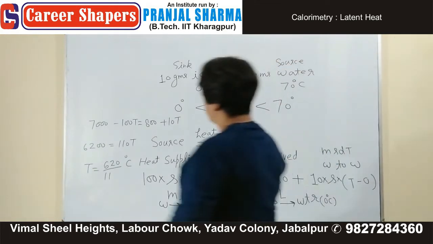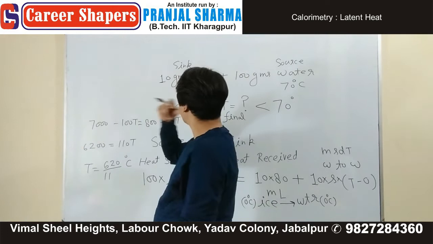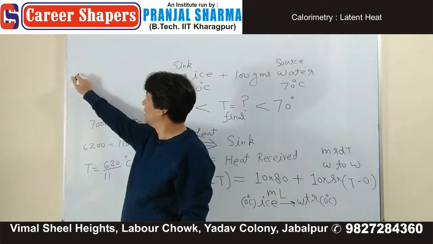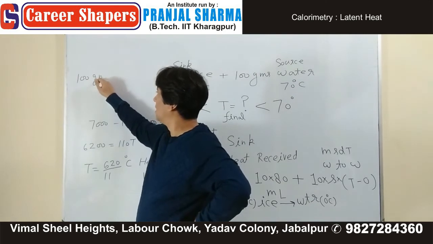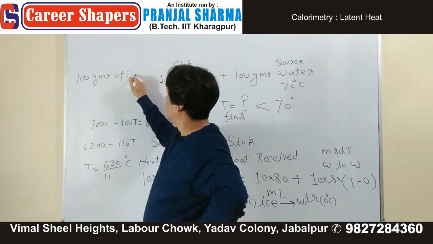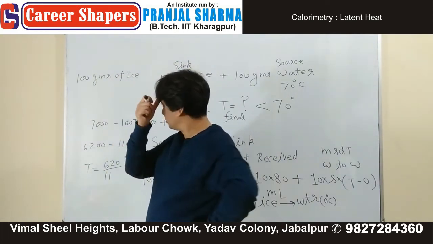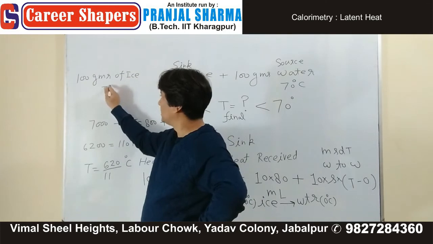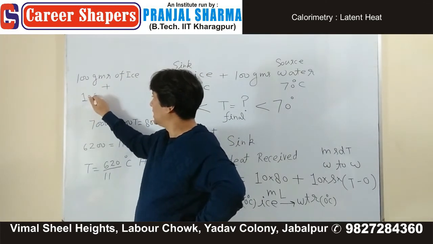Write down the next question. 100 grams of ice. If I say simply ice, that means the temperature is what? 0. 100 grams of ice is mixed with 10 grams of water.